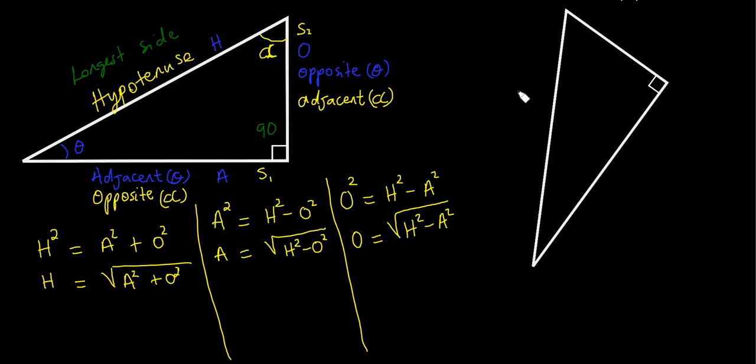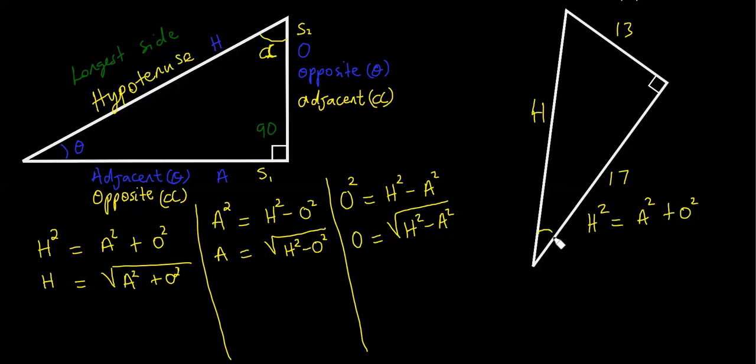Let's say we are given 13 here, and this side here let's just put 17. How do we get this side here? This side is our longest side, so it's actually our hypotenuse. How do you get the hypotenuse? We say hypotenuse squared is equal to adjacent squared plus opposite squared.